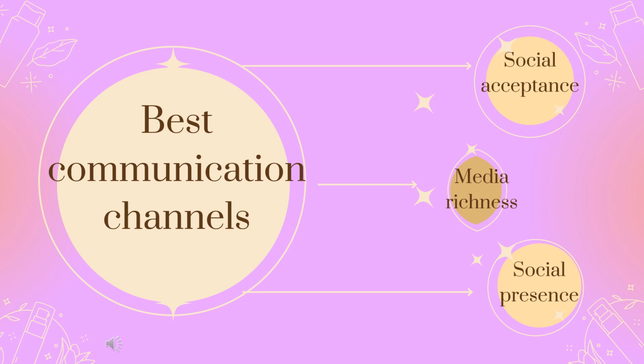Media richness refers to the channel's data carrying capacity, and it must be in range with the communication activity. A communication channel has high richness when it is able to carry more data. Lastly, social presence. In other words, social presence is a face-to-face communication channel. It is the best because it gives a sense of belonging, especially to larger groups.